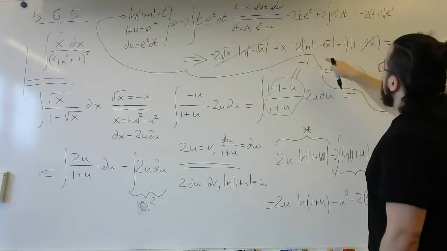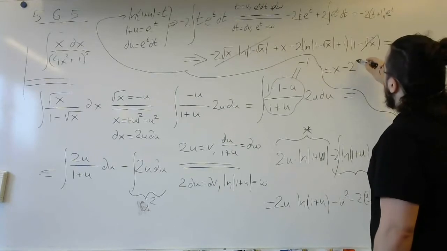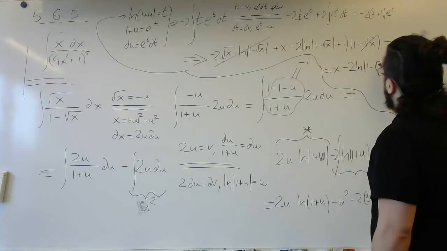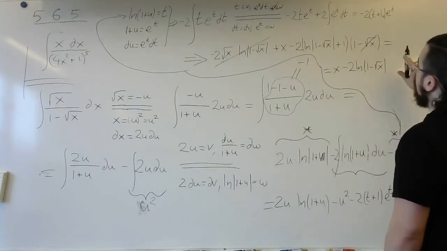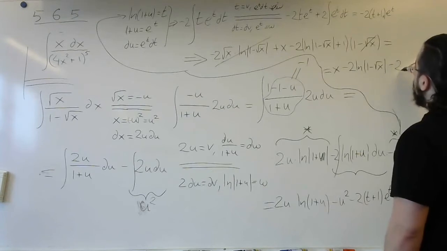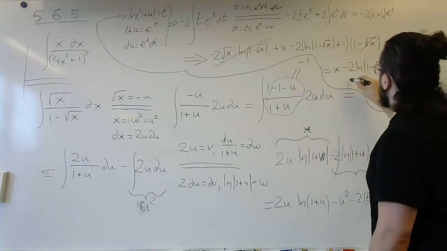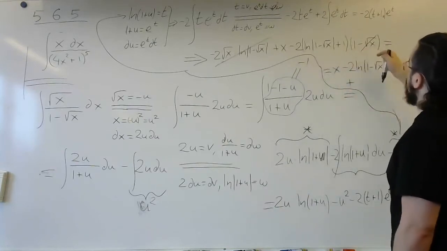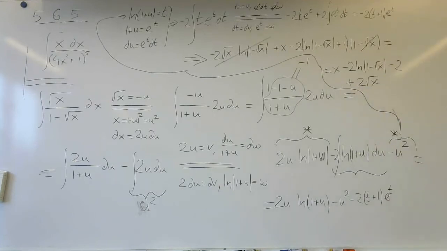And we have x minus 2, and the last term that they have to consider, minus with this minus plus, and it's 2 square root of x. Or something close. Did I do this correctly? It looks like it.